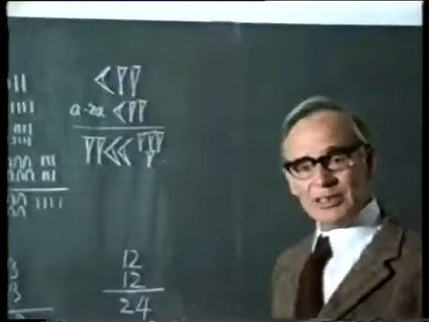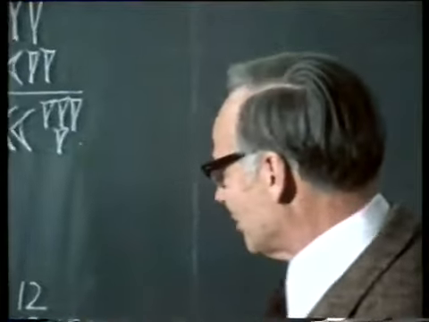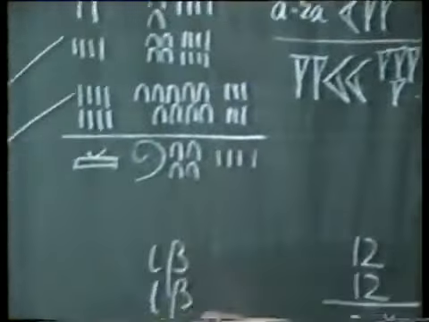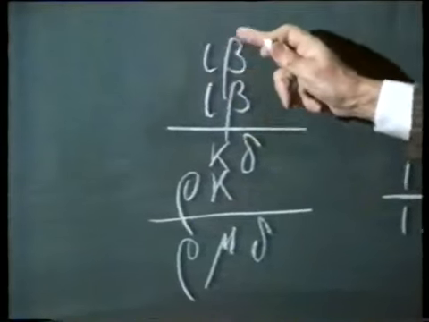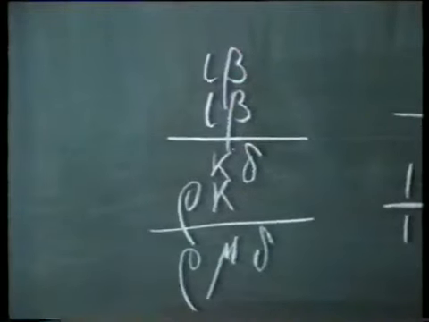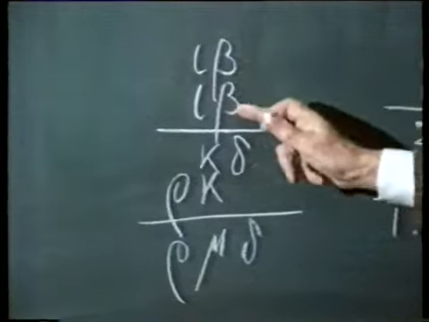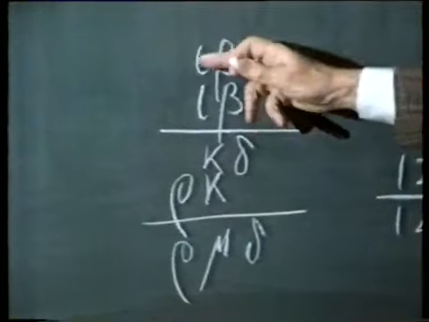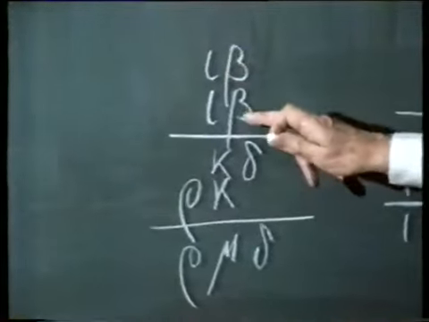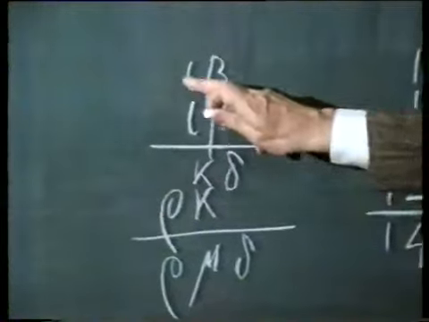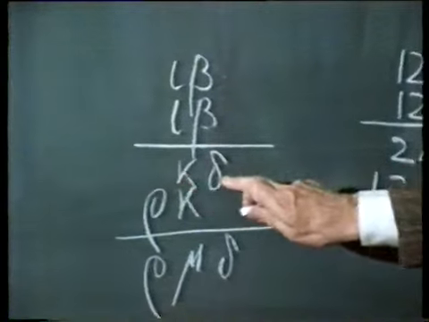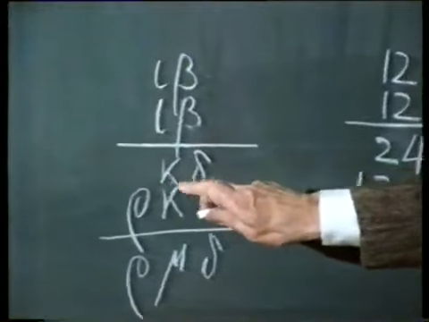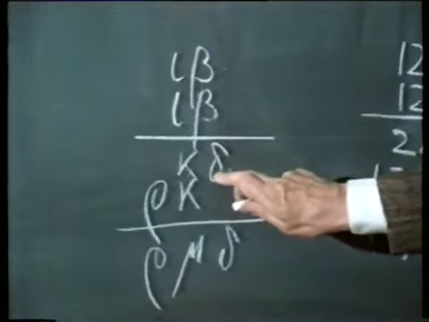Now, how would a Greek make the same calculation? He would write 12, the sign iota means 10, and the sign beta means 2. So 12 times 12. He would first multiply this 12 by beta, that is by 2. Twice 12 will give 24. The sign for 20 is kappa, and the sign for 4 is delta.